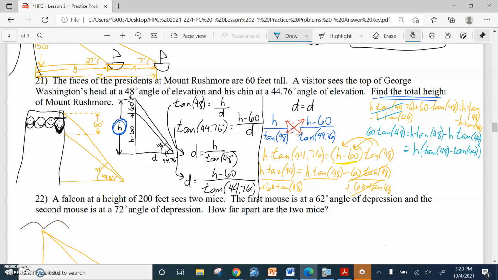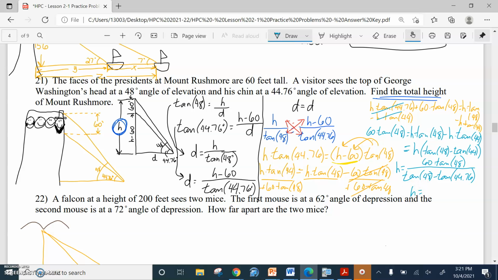When we do that, I'm going to write it as best I can. So h equals 60 times tan 48 all over tan 48 minus tan 44.76.